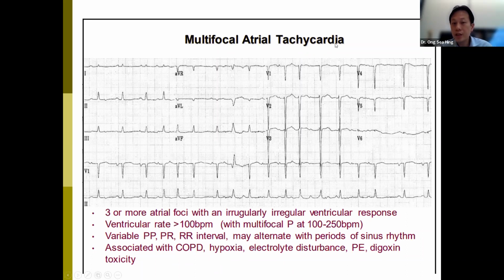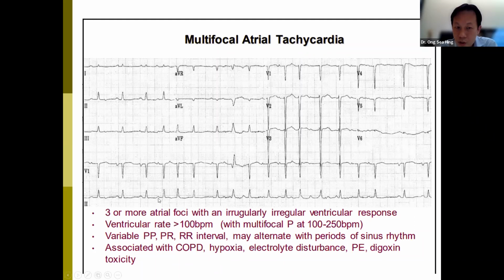And what is the definition of multifocal atrial tachycardia? You must have 3 or more atrial foci. That means there must be 3 or more patterns of P wave. So if you look at this P wave, it is different from this P wave. This and this are probably the same type of P wave. This one and this one are also a little bit different.